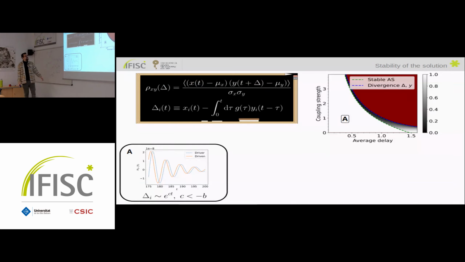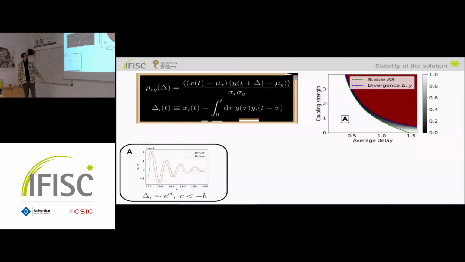Then, as we cross the green line and we get into this second region, we can see that now the frequency in the driven system and also the rate at which this system goes to 0 has changed.